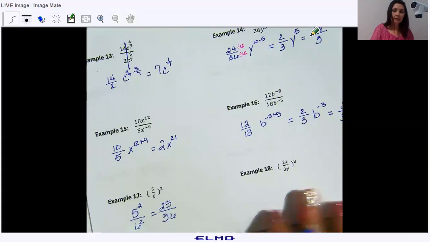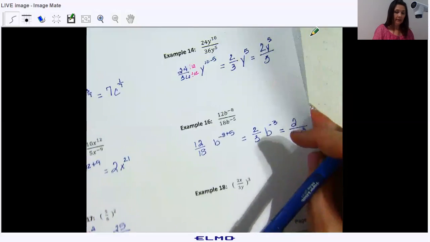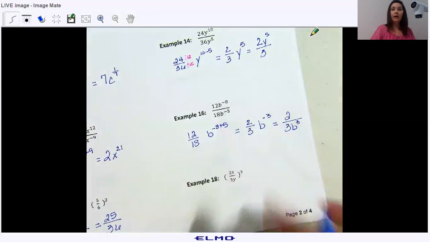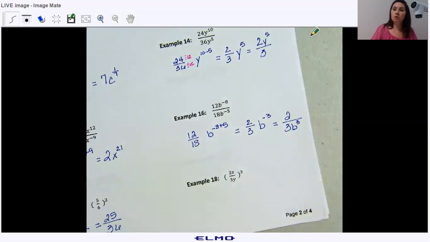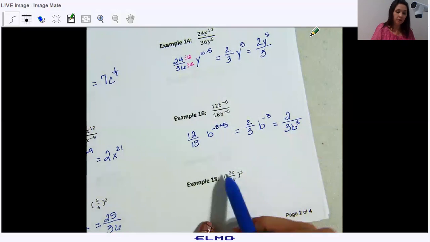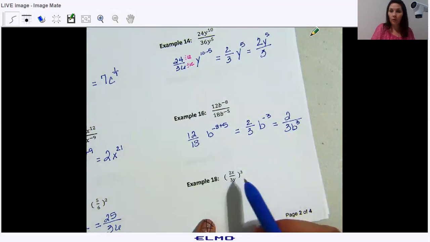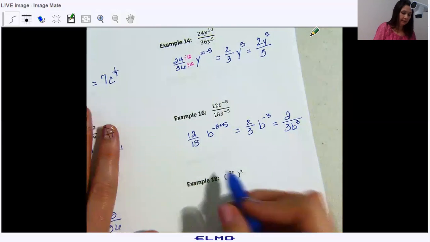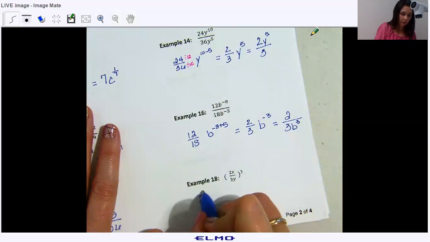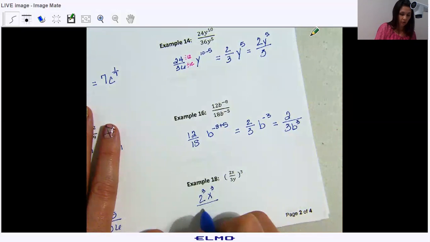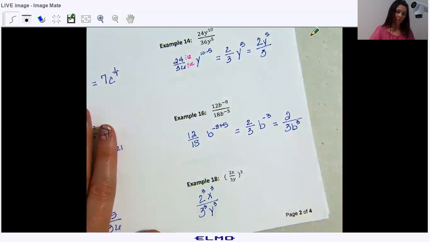Okay, 18 is a little bit different because that 3 has to be applied to every single term within the parenthesis, the 2 and the x, the 3 and the y. So I can rewrite this as 2 to the power of 3, x to the power of 3, over 3 to the power of 3, y to the power of 3.